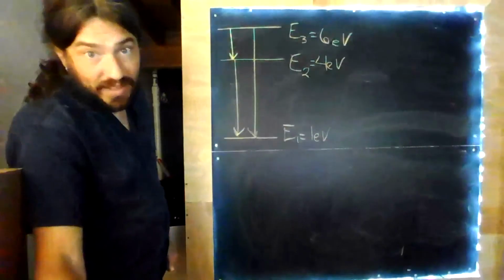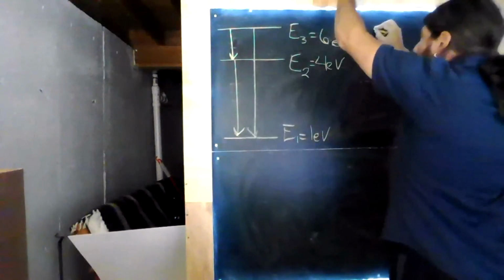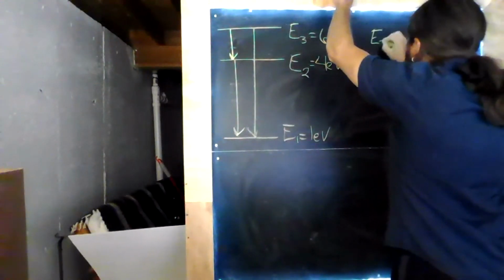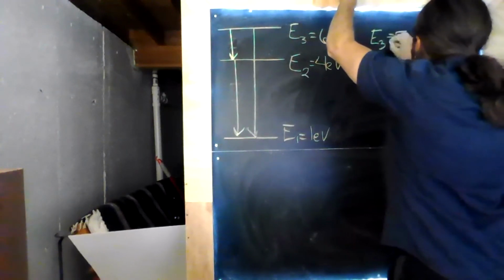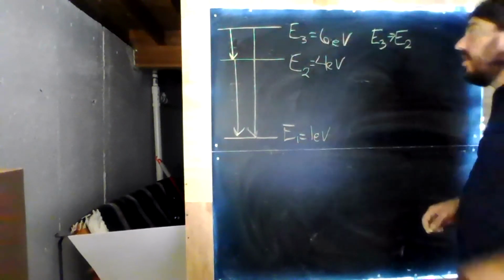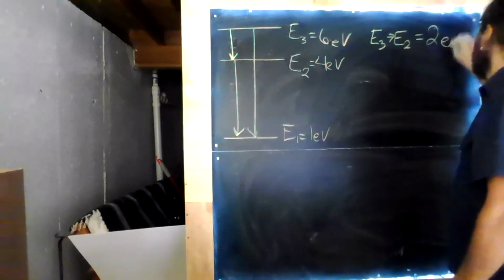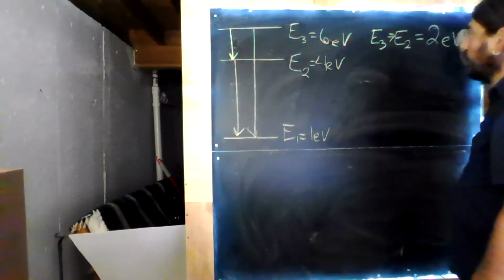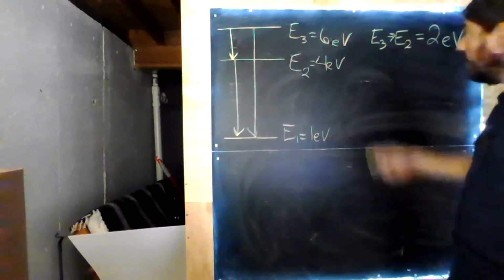Let's figure out what wavelengths are associated with those. So E3 to E2, that is 2 electron volts. So we can get a 2 electron volt photon out.